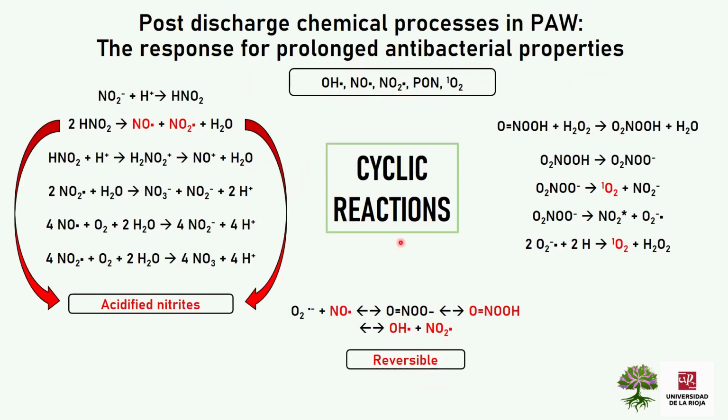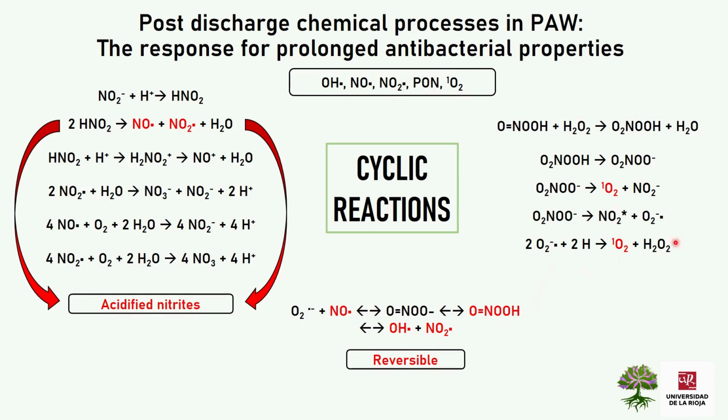Now, the answer for this effect is cyclic reactions. For instance, acidified nitrites are really important. It's known that when the pH is lower than 3.5, nitrites are not stable, so they form this acid. This acid also forms NO radical and NO2 radical. Moreover, peroxynitrite is created by all of these pathways.